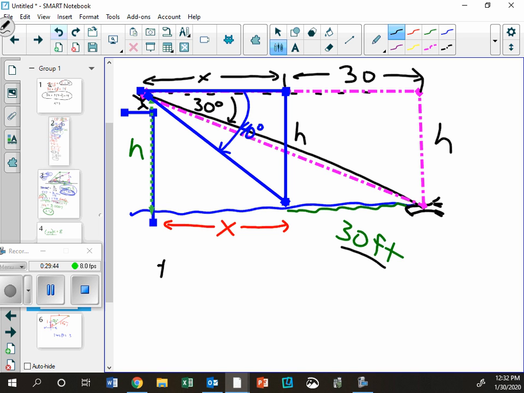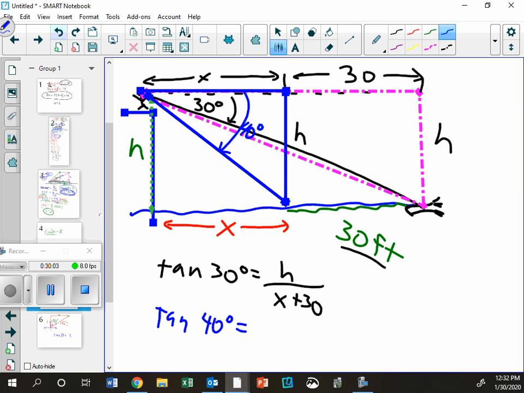And I would have tangent of 30 is equal to h over x plus 30. In the other equation, now I'm going to use the bright blue triangle, and I'd have tangent of 40 is equal to h over x.